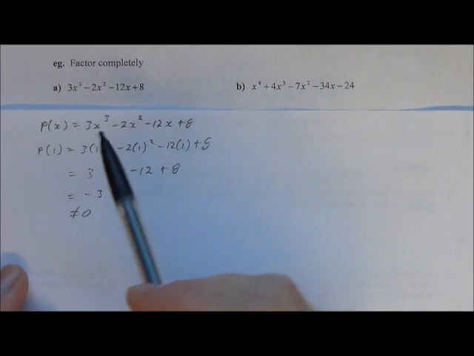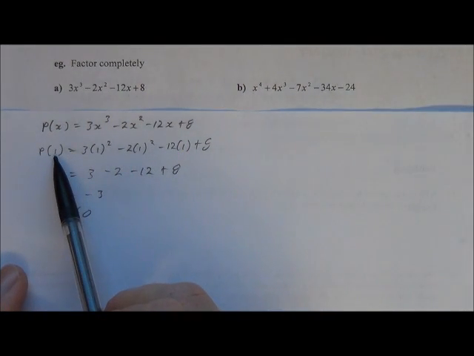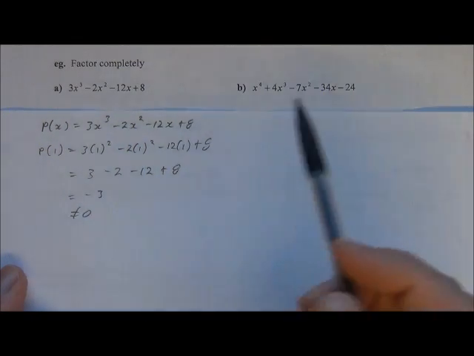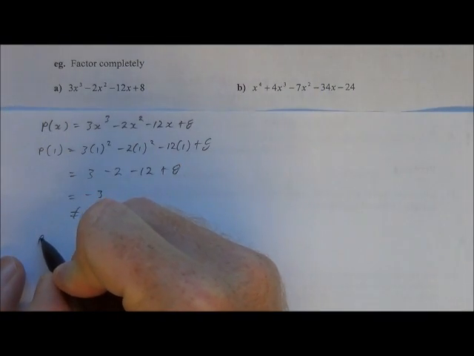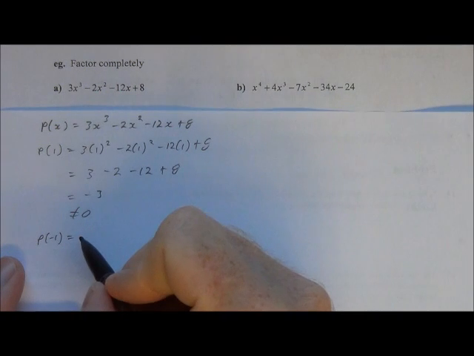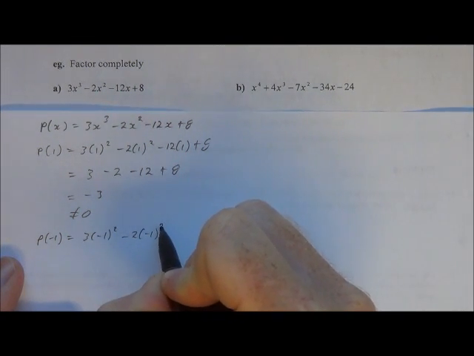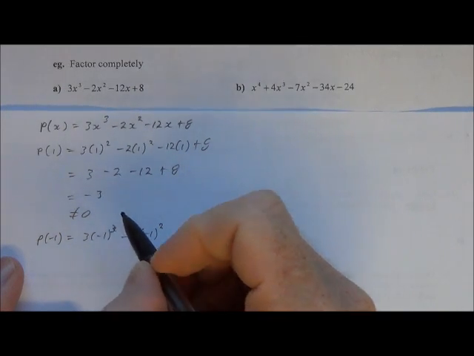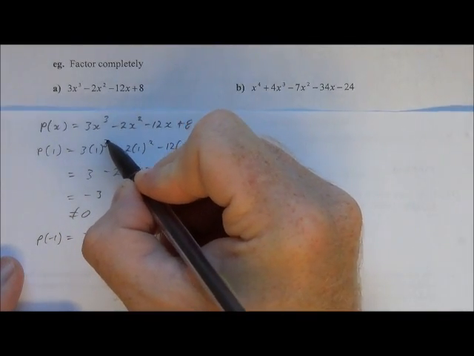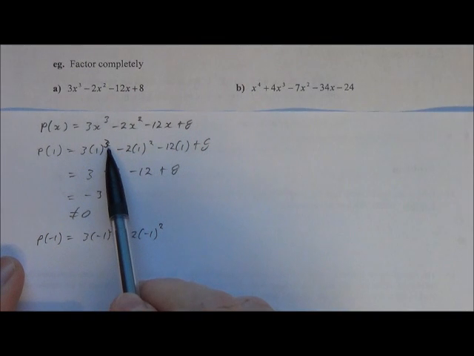So x minus 1, because we're using positive 1 here, that tells us then that x minus 1 is not a factor of that polynomial. So now we try p of negative 1. Sorry, that should have been a cubed up there.